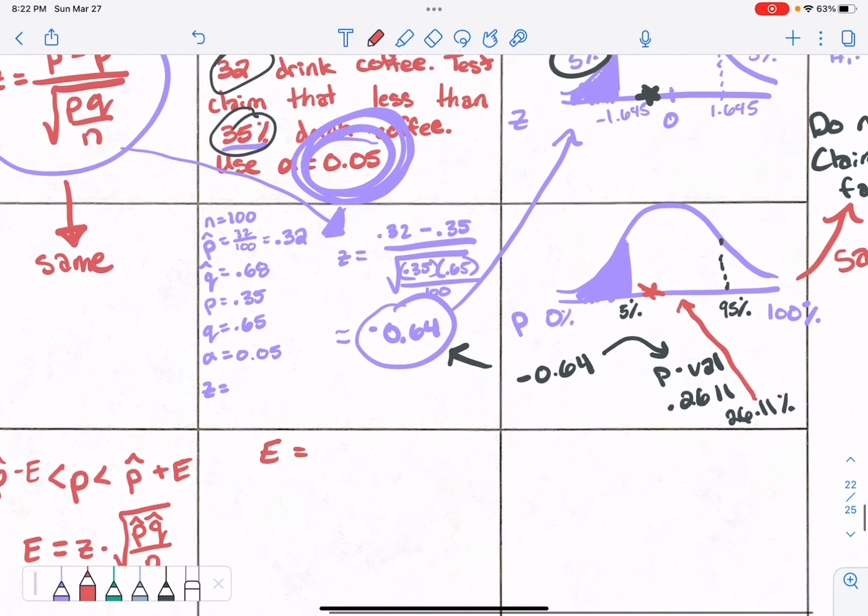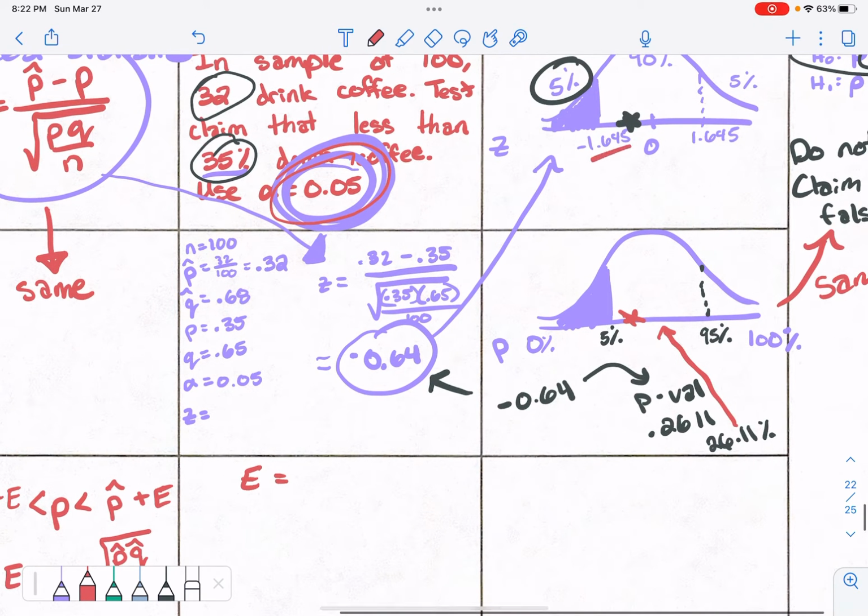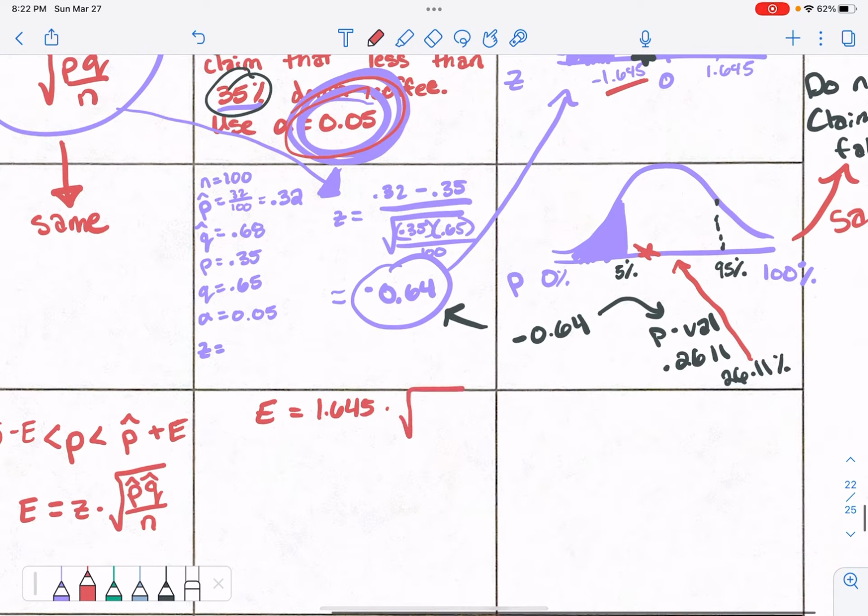Since we're still doing this alpha level of 0.05, we're going to use this z-score, which is 1.645, and then we're going to finish the rest of our formula here. 1.645, and then we've got the square root of p hat, which is 0.32, q hat is 0.68, and n is 100.